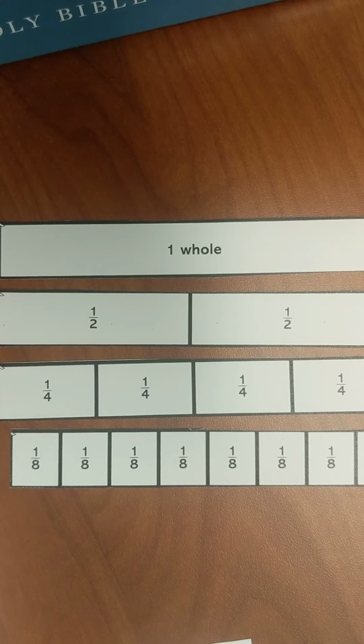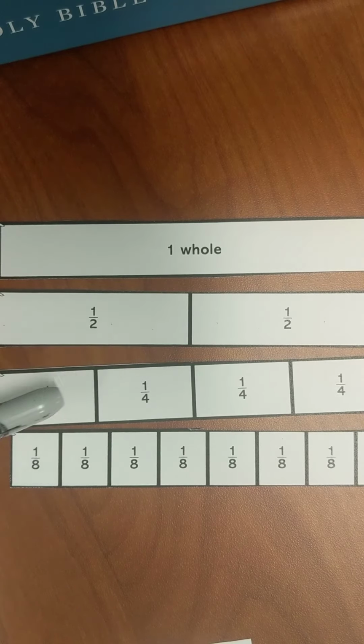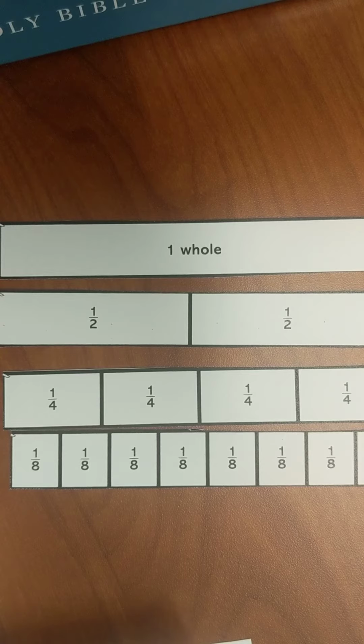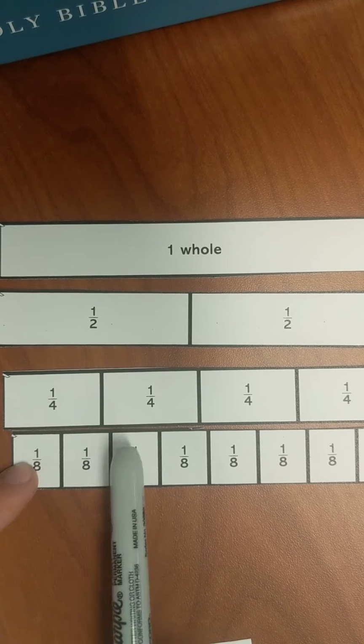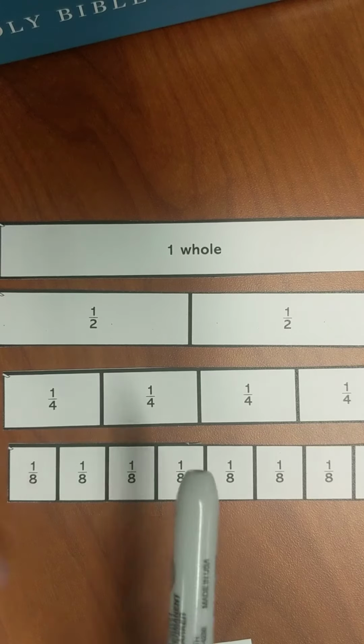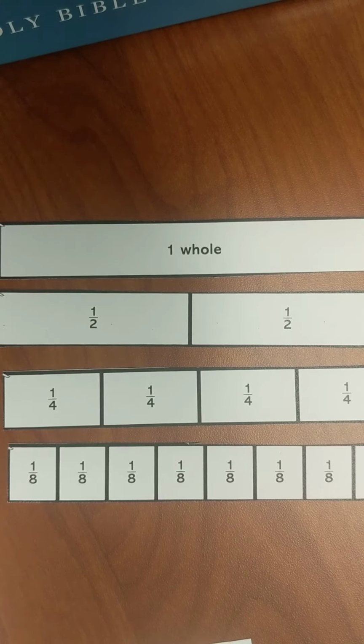You're going to shade the fraction 1/2, 2/4, so 1/4, and another 4th, 2/4, and then 4/8. So that means you're going to shade 1, 2, 3, 4, 8. I'm going to go ahead and do this for you guys.